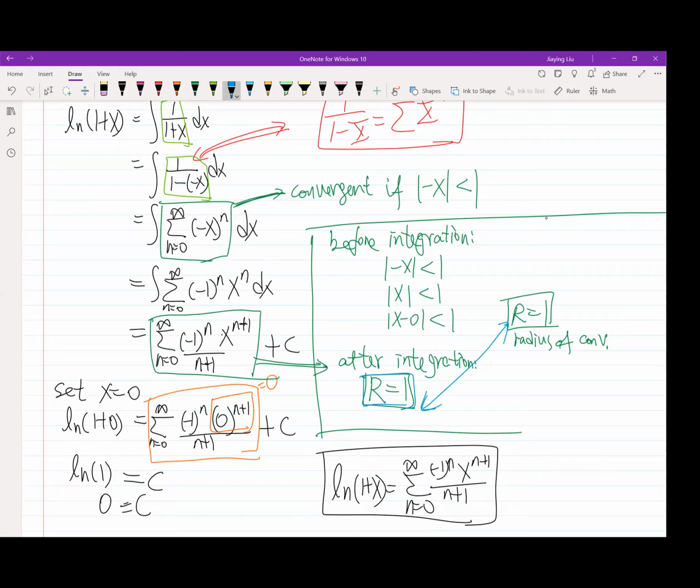So whatever radius of convergence we found before integration from that series, that will be the same radius of convergence later after the integration. So how do you know it didn't change though? Is it because we didn't have a c? The radius of convergence doesn't change in the process. That's just the definition.